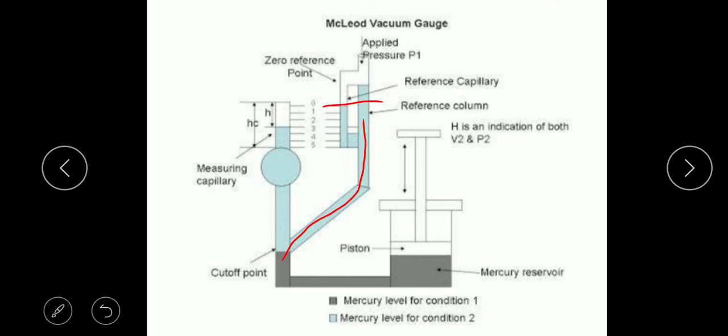Whatever height there is between the reference capillary and the measuring capillary, we will indicate by H, that is the difference between the two capillary tubes, and from the compressed gas we will get V2, and P2 will be unknown.